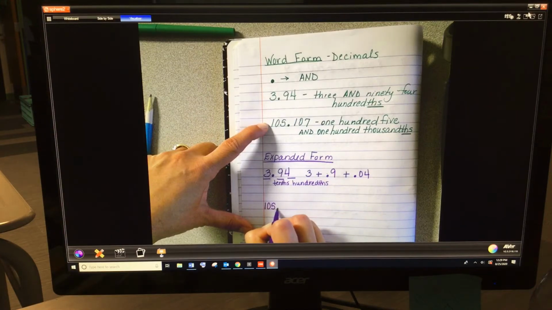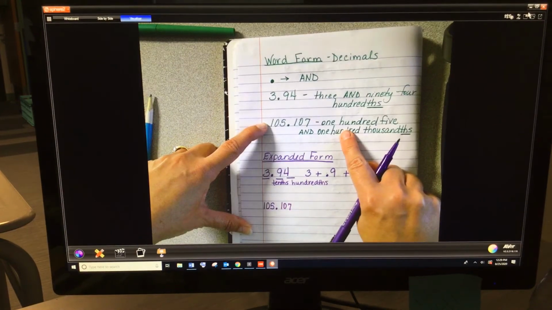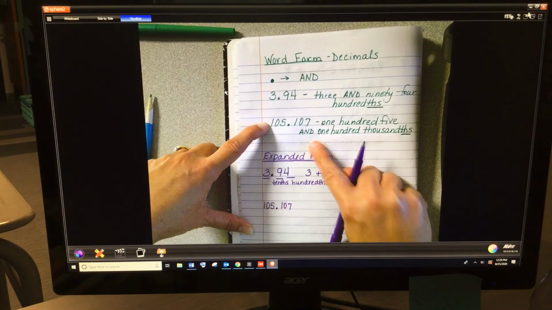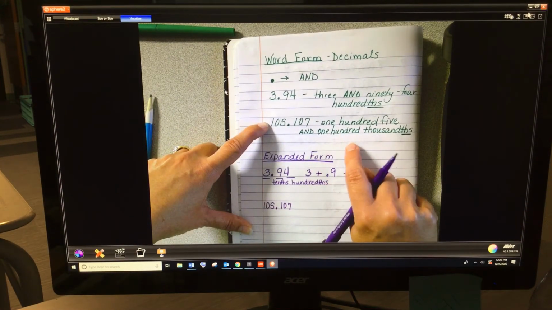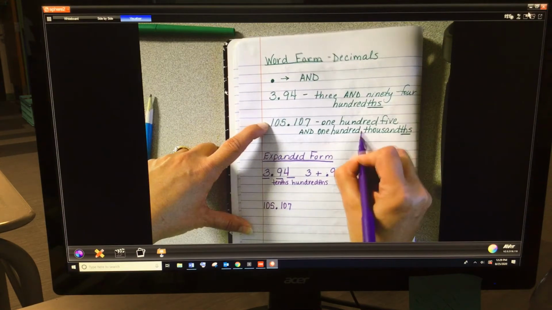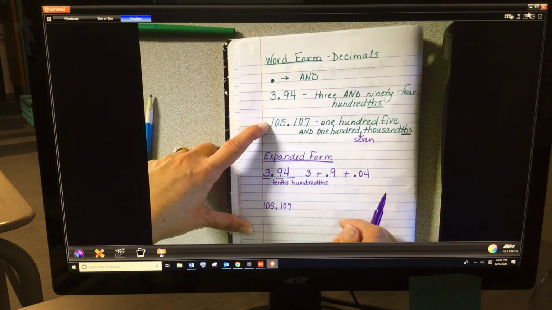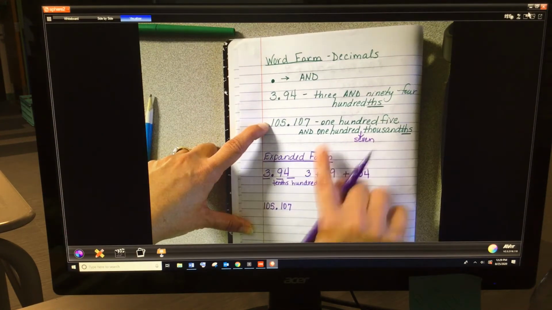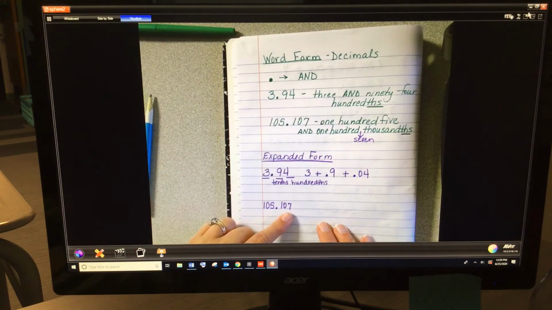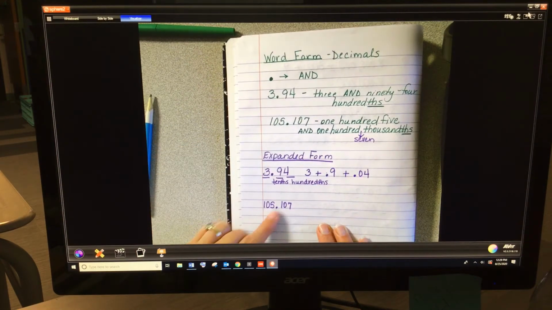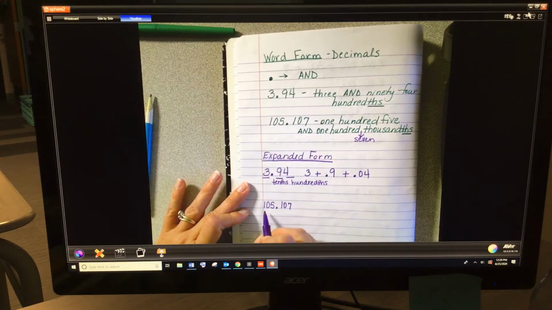105 decimal 107. So we review. We found it to be 105 and 107 thousandths. I left out a word there. Sorry. That happens. I'm apologizing for that. Okay. Now, we need to think about place value.